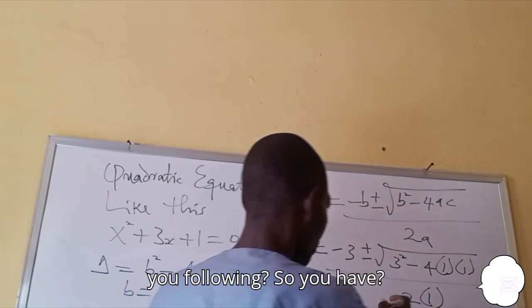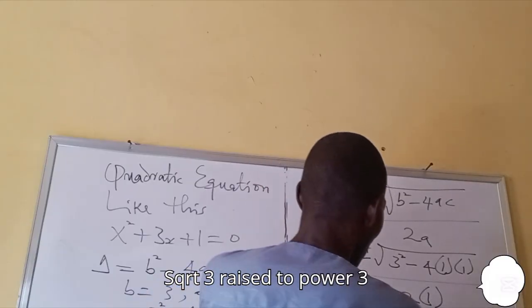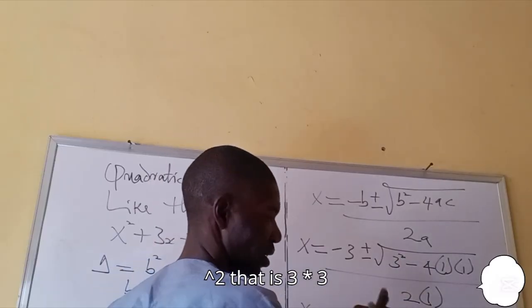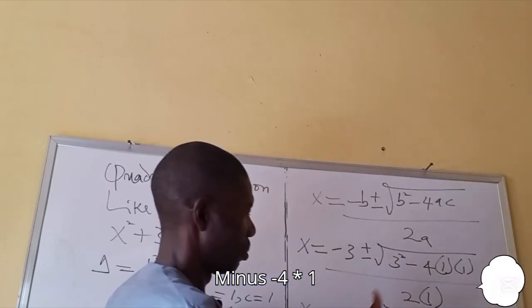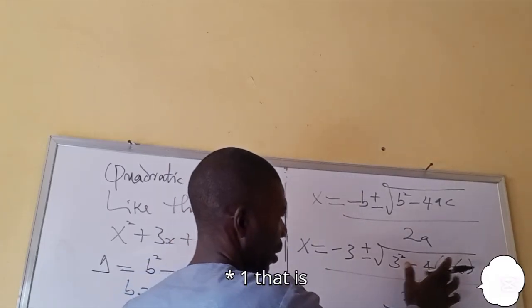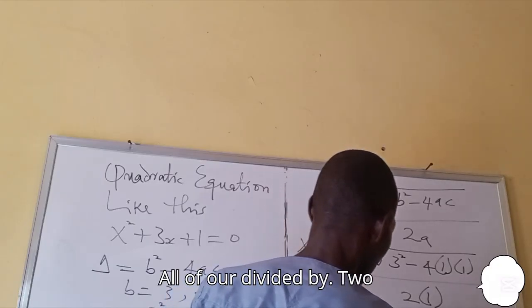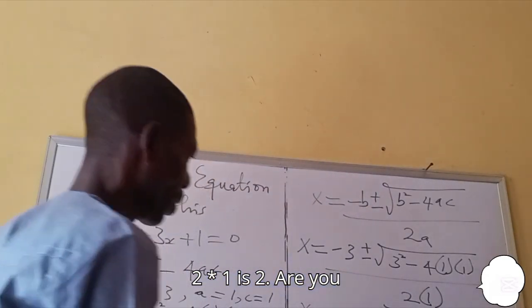Are you following? So you have the square root of 3 squared, that is 3 times 3, that is 9, minus 4 times 1 times 1, that is 4, all divided by 2 times 1, which is 2.